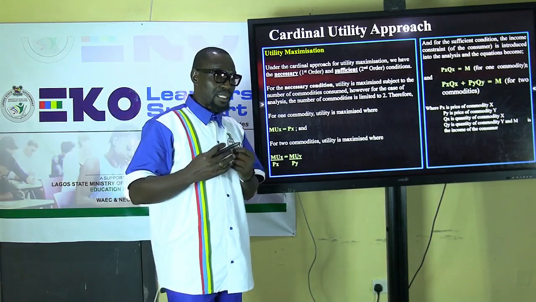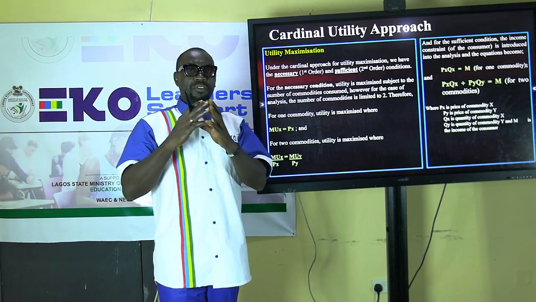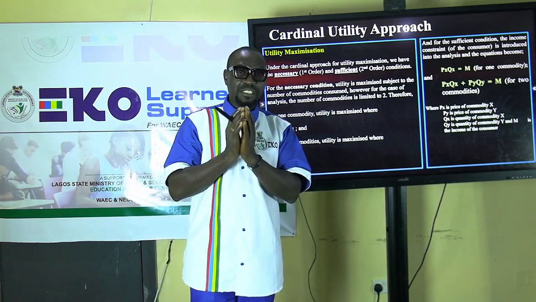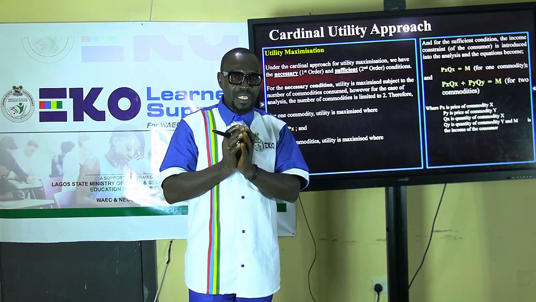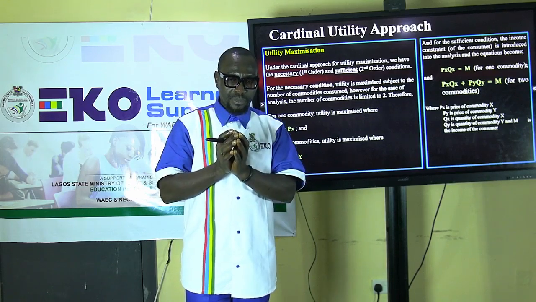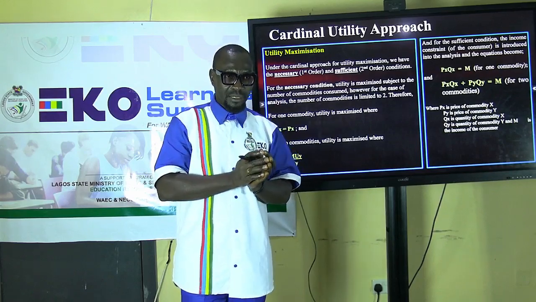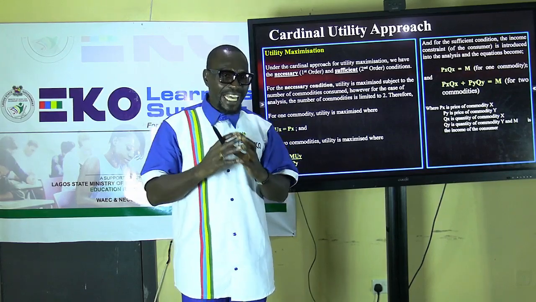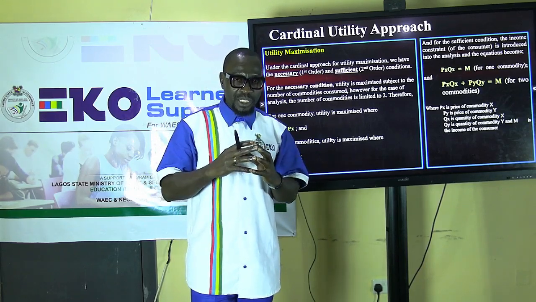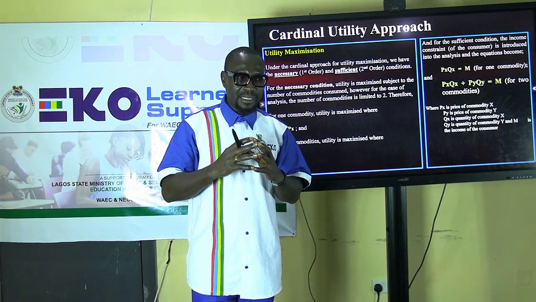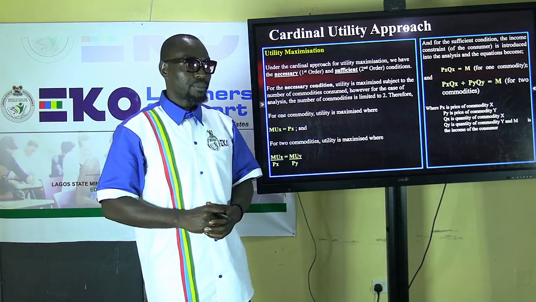And let's pause a bit and understand that. For you to achieve the highest satisfaction for a commodity, given your income, it means you spend the entirety of your income on that commodity. Expending your entire income means that the price at which the commodity is at the market, multiplied by the quantity that you can buy, is equal to your income.